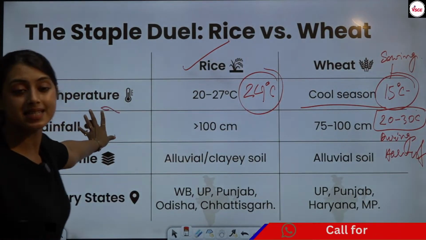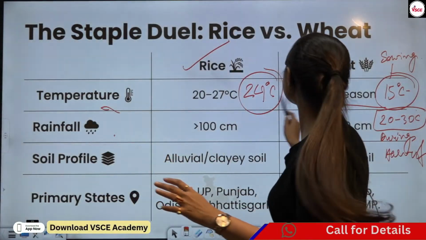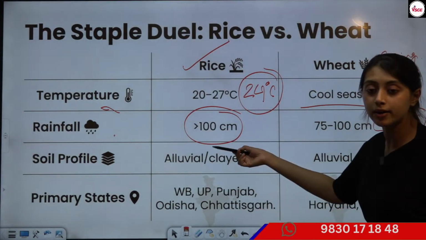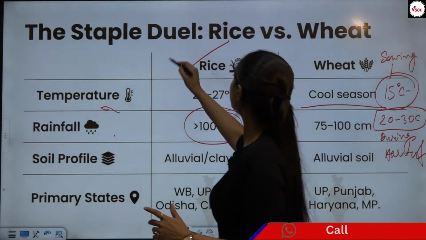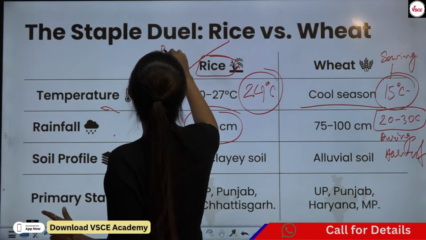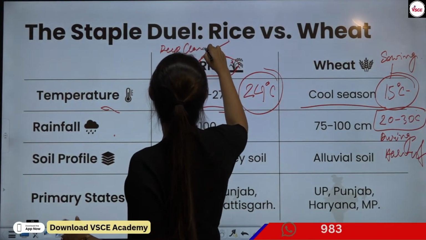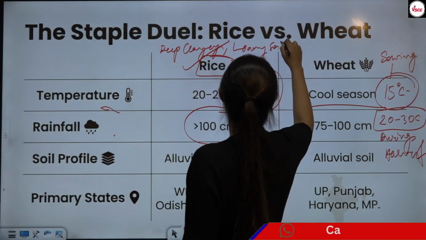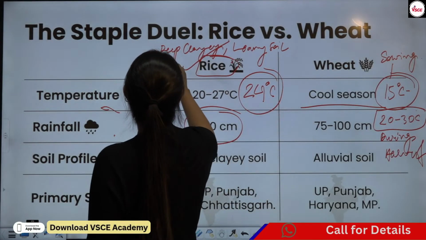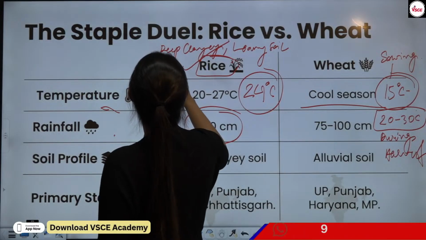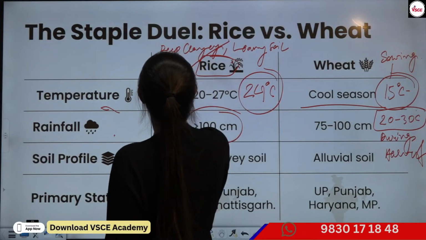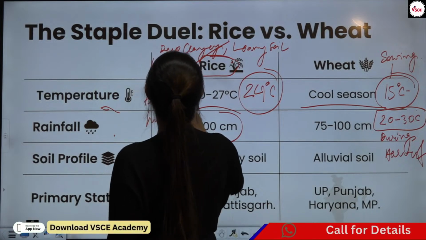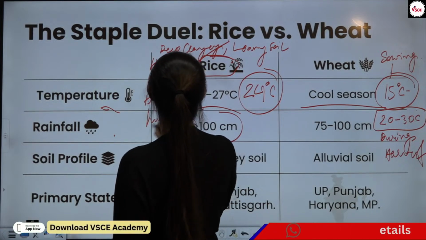Now let's talk about the rainfall. Rice needs more than 100 centimeter rainfall. Rice grows in deep clay loamy soil, and requires high rainfall and high humidity.